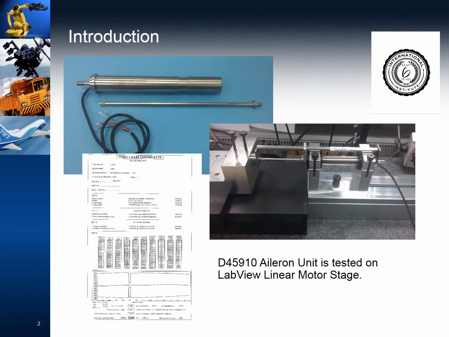Here it is. Let's show you the product. It's essentially a sensor that fits on an aeroplane wing, and it tells you where the aileron is sitting. It tells you where the flap is sitting on the wing. And essentially, this rod moves up and down inside a coil, and the coil therefore can sense where the end of the rod is.